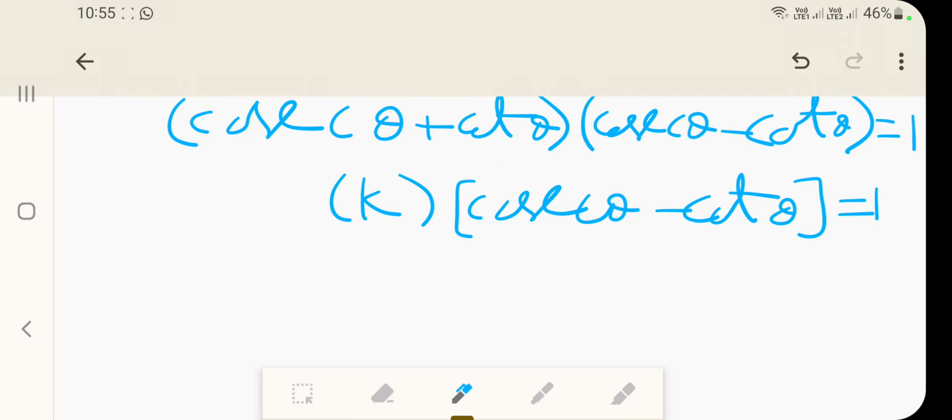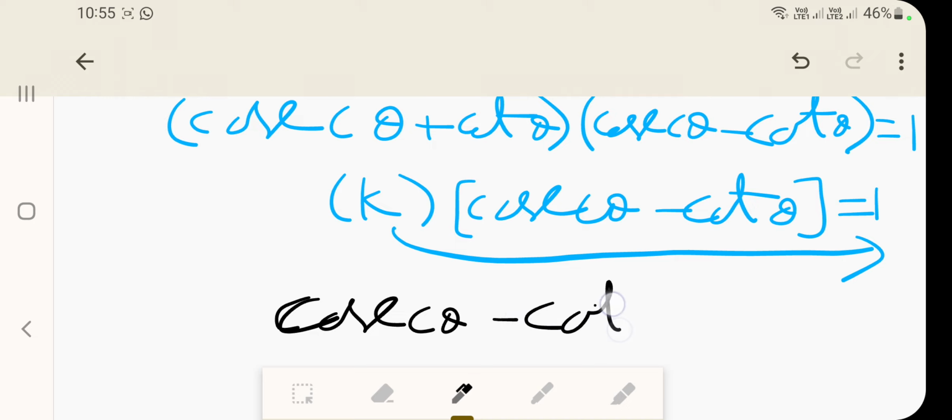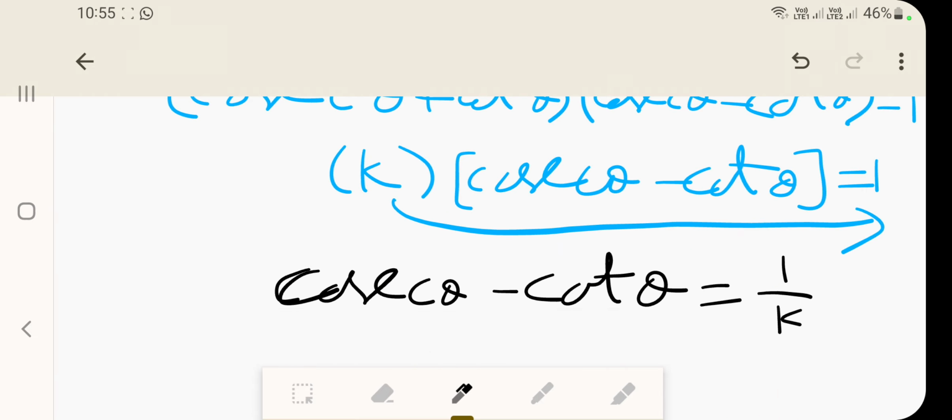Now we are going to bring this k to the right hand side as we have done earlier, and we left on the left hand side cosecant theta minus cot theta is equal to 1 by k. Okay, so now in the same way we are going to solve here. This is equation 1 we can take.